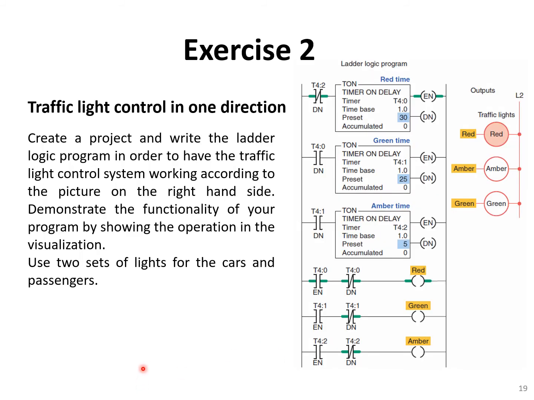Exercise 2. Traffic light control in one direction. Create the project and write the ladder logic program in order to have the traffic light control system working according to the picture on the right-hand side. Demonstrate the functionality of your program by showing the operation in the visualization.